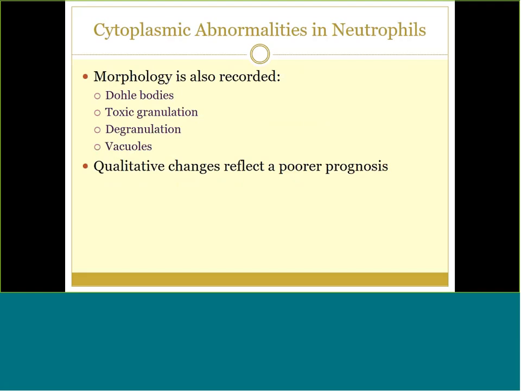Those are all different changes that can occur. I think I have pictures on those, so I'm going to hang on to that thought, and I'm going to come back to it if I don't see my pictures coming up. We'll discuss more on what each one of those means. I just think I do have them further in the PowerPoint.